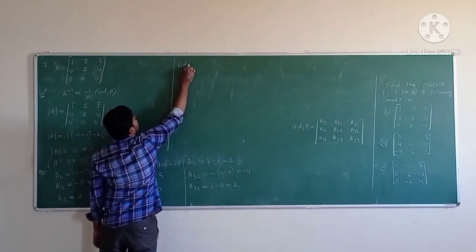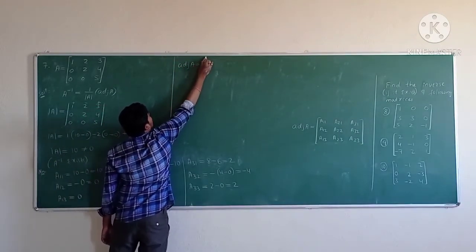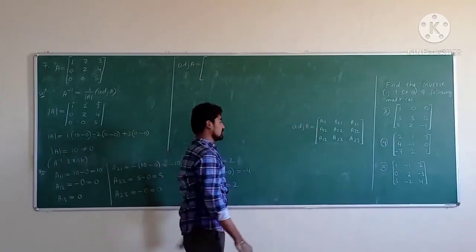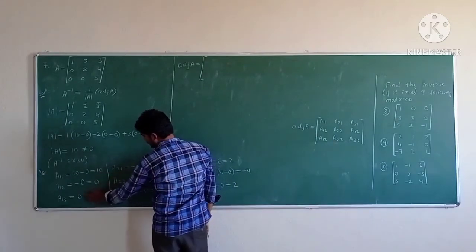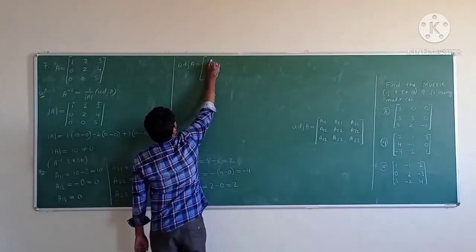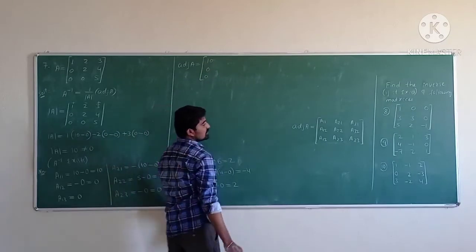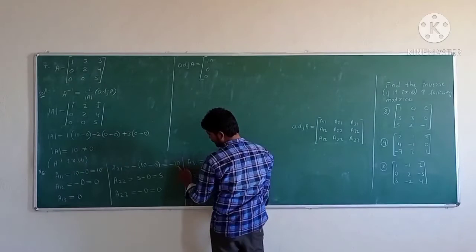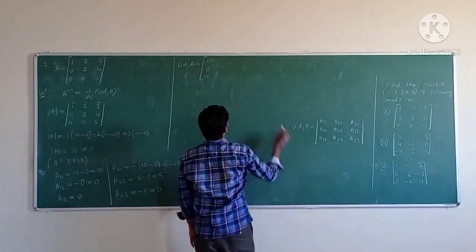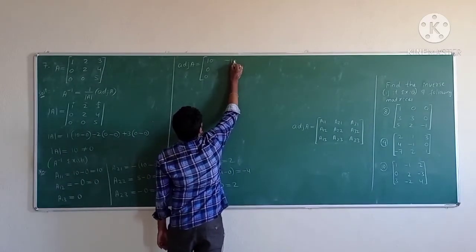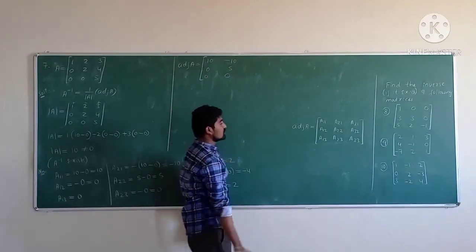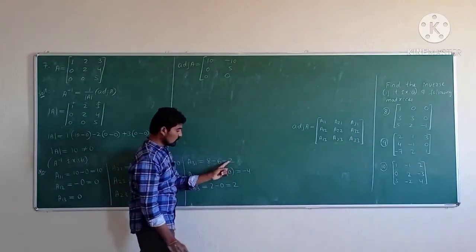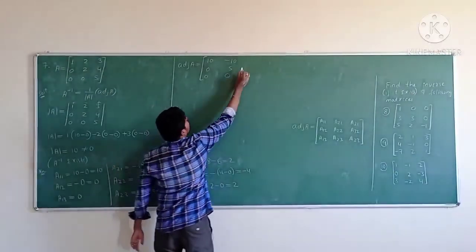And hence adjoint of the matrix A is equal to: first column elements A11, A12, A13: 10, 0, 0; second column elements A21, A22, A23: minus 10, 5, 0; third column A31, A32, A33: 2, minus 4, 2.